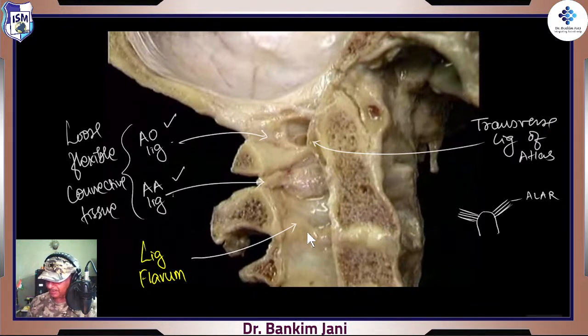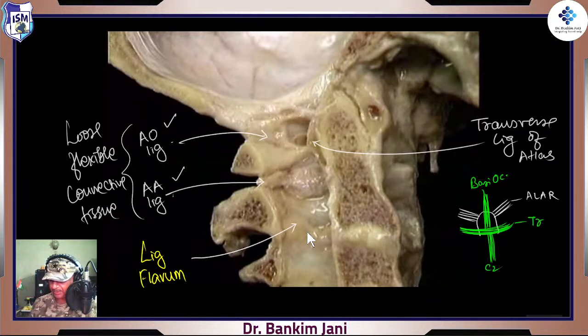So let's change the color. The cruciform ligament was formed by the transverse ligament of atlas. And then there was the superior band which was going towards the base of occiput, correct? And then there was the inferior band going towards the body of C2.